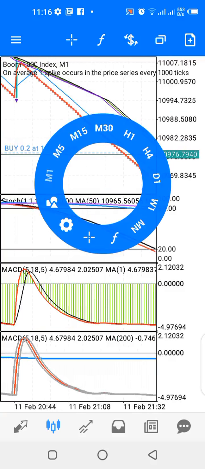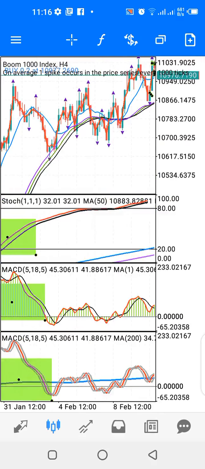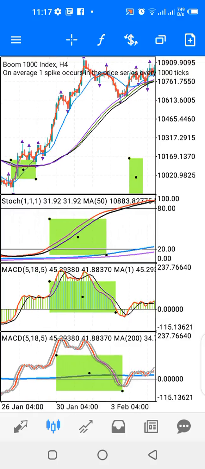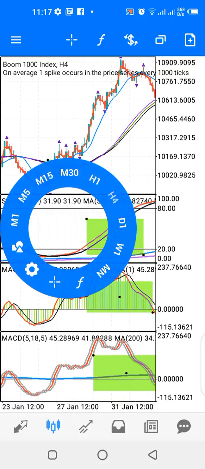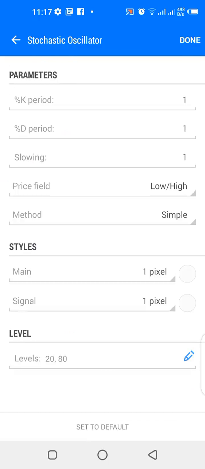Let's go back to the 4-hour time frame and then look at what happens on indicator window 1. Let's look at the settings for indicator window 1. We have stochastic oscillator. The percentage K period is 1. The percentage D period is 1. The slowing is 1.